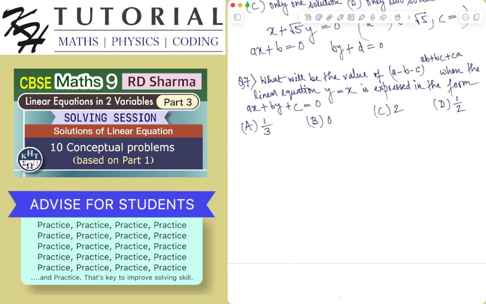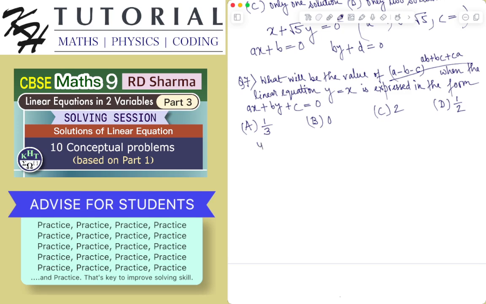It says, what will be the value of (a minus b minus c) whole to the power ab plus bc plus ca when the linear equation y equals to x is expressed in the form ax plus by plus c equals to 0. Basically, we have to find the a, b, and c of the linear equation y equals to x, and from there evaluate this given exponential expression.